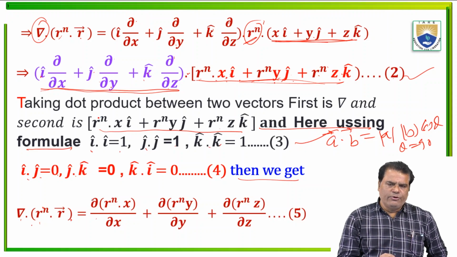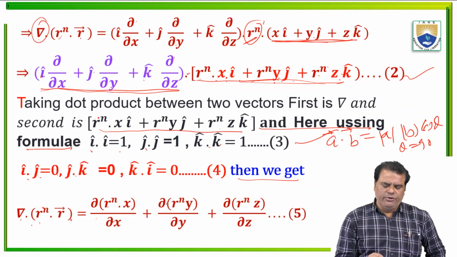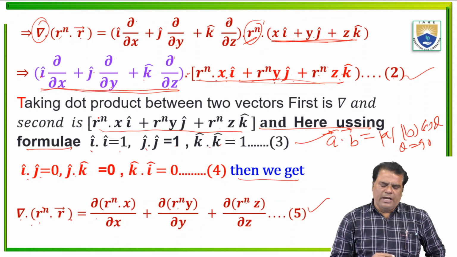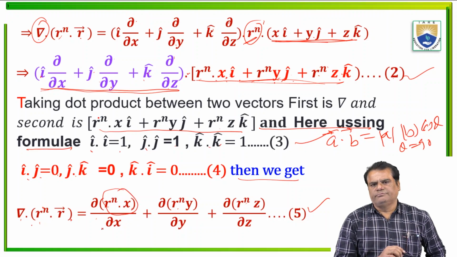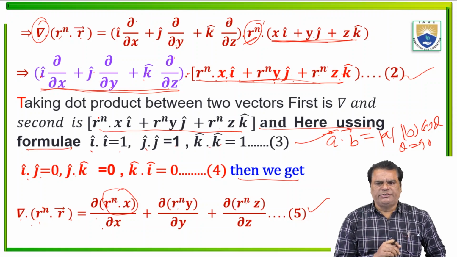So we get here dou over dou x of r to the power n into x, and dou over dou y of r to the power n into y, dou over dou z of r to the power n into z. This is equation 5. Now we differentiate this function with respect to x partially, but in this function there are two functions.